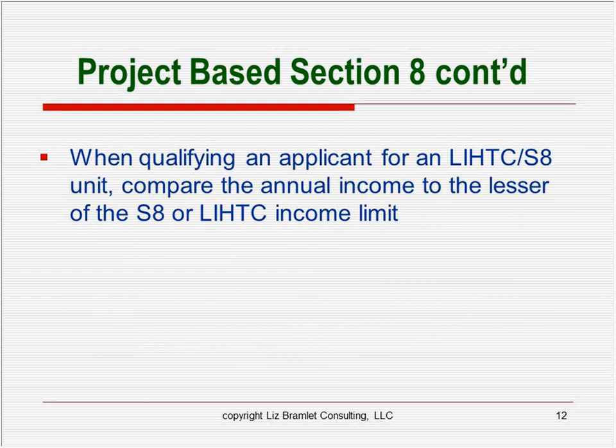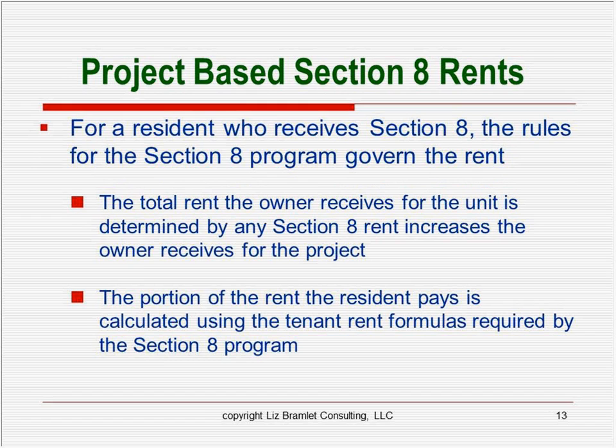When you qualify a new applicant for a blended tax credit Section 8 unit, you compare their gross annual income to the lesser of their Section 8 or tax credit income limit to make sure they qualify for both programs. When it comes to rents for your Section 8 tax credit tenants, for a tax credit tenant who receives Section 8, the rules for the Section 8 program govern their rent.